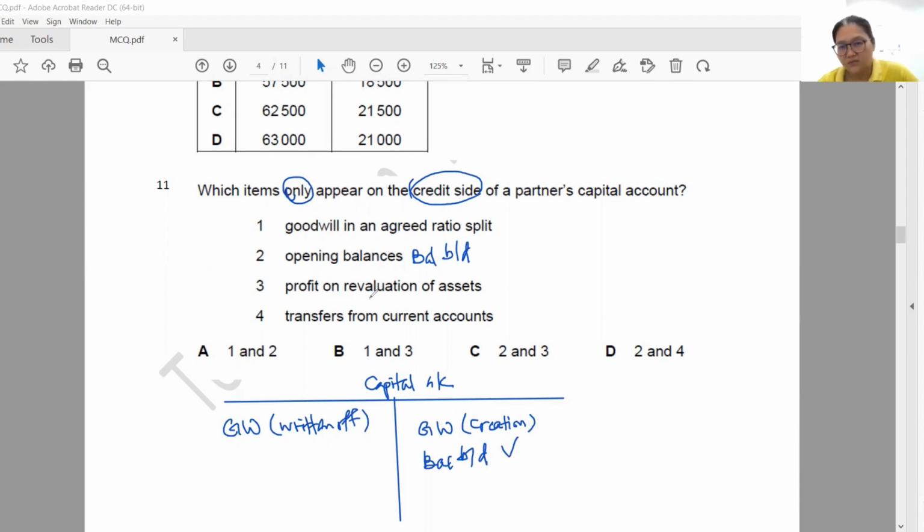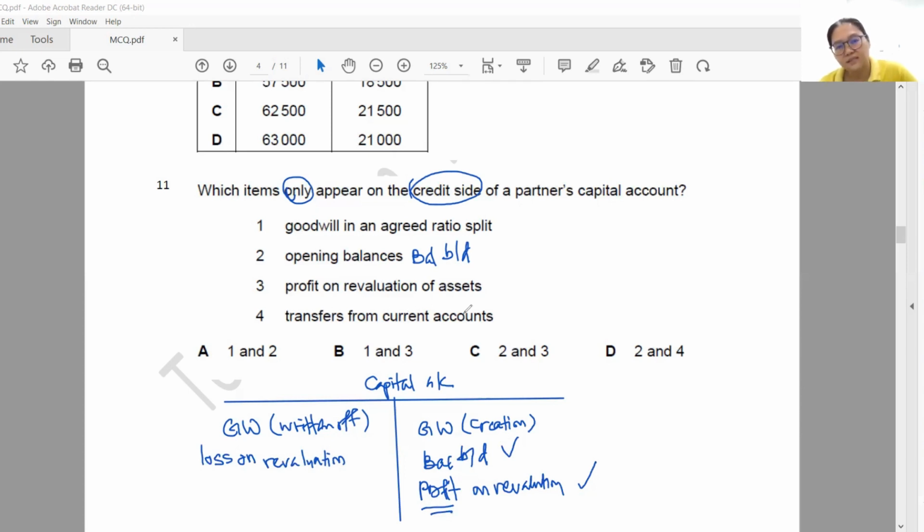Profit on revaluation of asset will be on the credit side. If you have a loss on revaluation, it will be in the debit, but this is a profit, so it is in the credit.